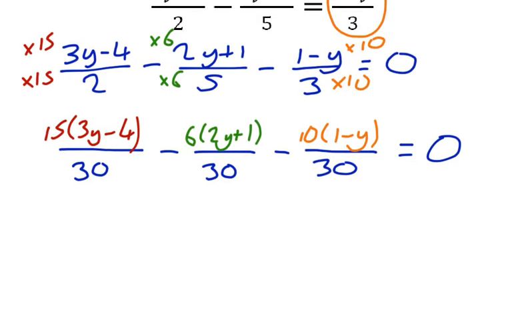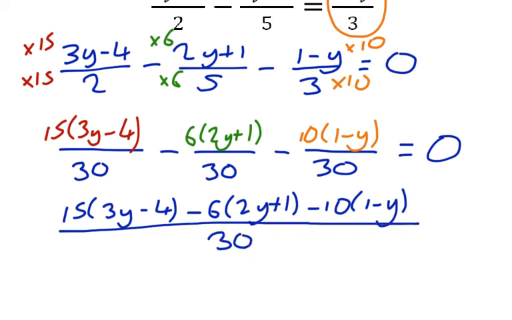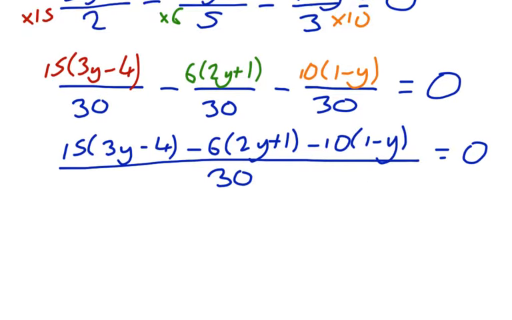Now we just carry on in exactly the same way, combine them all into one, we get 15(3y - 4) - 6(2y + 1) - 10(1 - y) all over 30 equals 0. We're nearly there now.